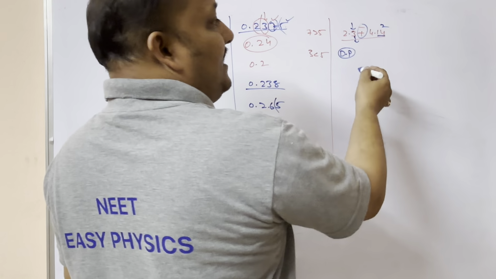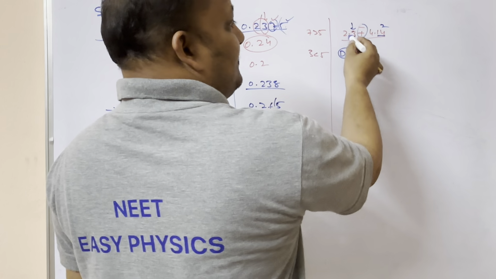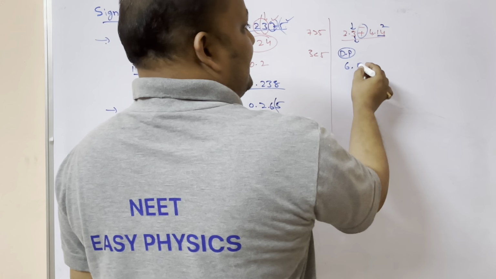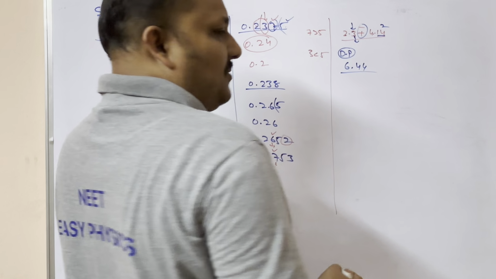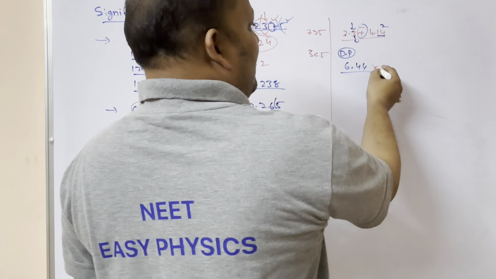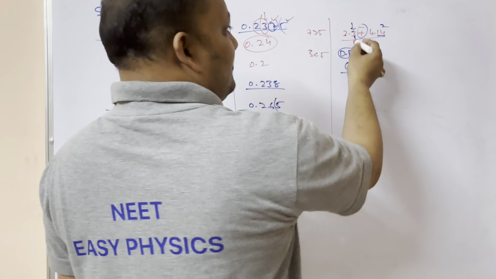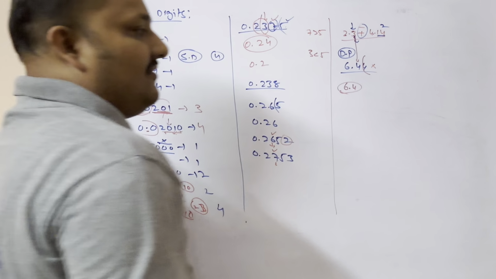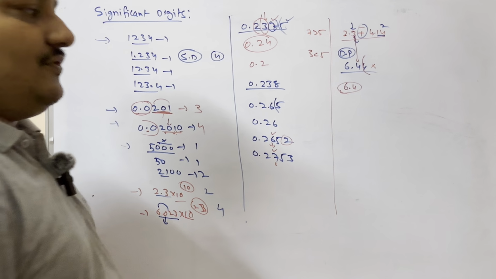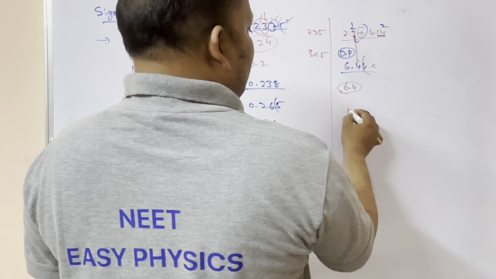Therefore, the final answer should be in 1 decimal place. 2 plus 4, 6. 3 plus 1, 4. 6.44 is not the correct answer according to significant digits. The final answer should have 1 decimal place. The 4 you have to remove. 4 is less than 5. The final answer is 6.4.